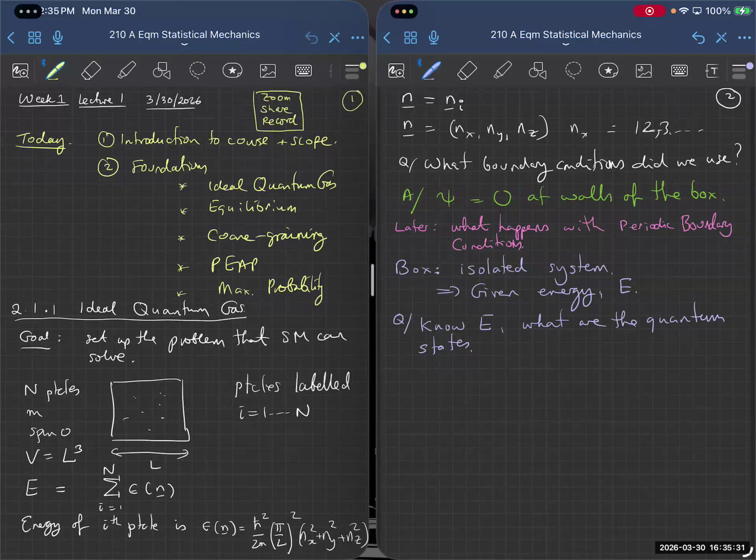But as you can see from the formula, looking at the left panel, the energy is the sum of the squares of n x, n y, and n z. So for some values of the energy, I could choose different values of n x, n y, and n z and I'd still get the same energy. So the answer to this question, what are the quantum states, is that there is no unique answer.